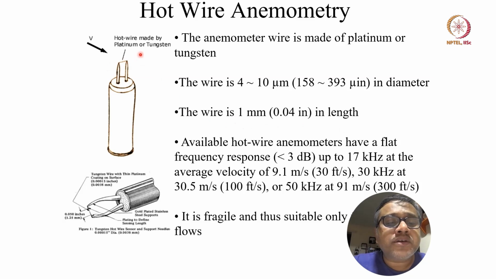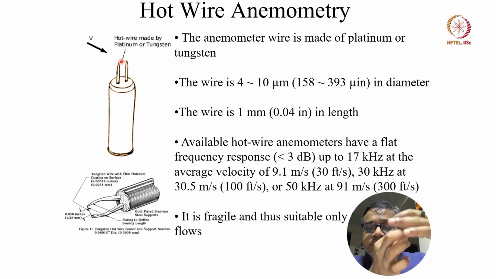So the measurement volume it gives you is about 1 mm by about 10 microns, a very high aspect ratio. So it is 1 mm by about 4 microns. It's a very slender kind of sensor.